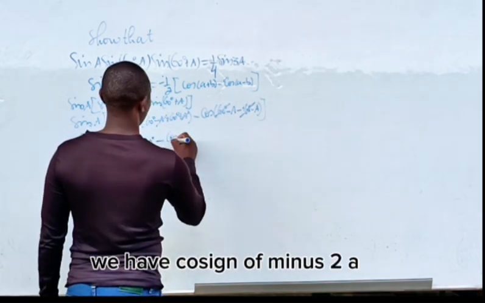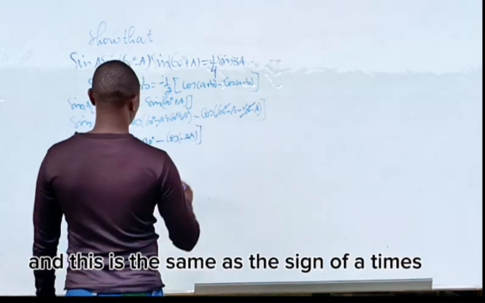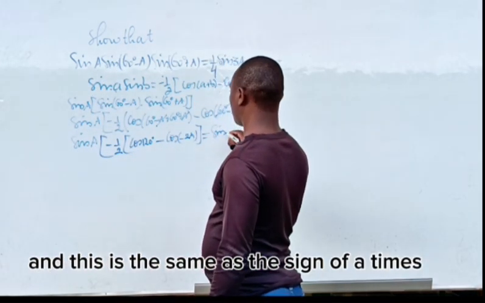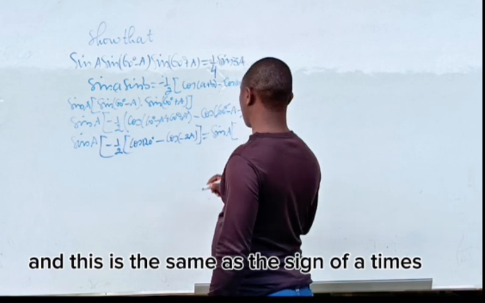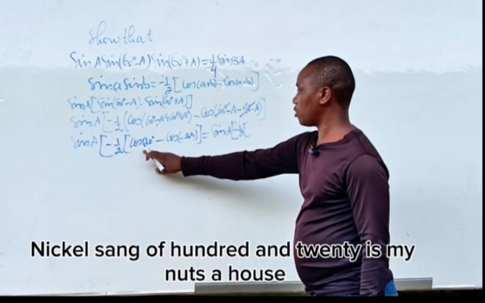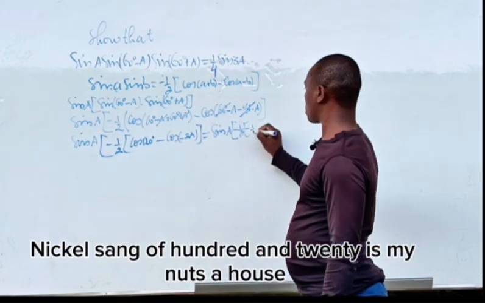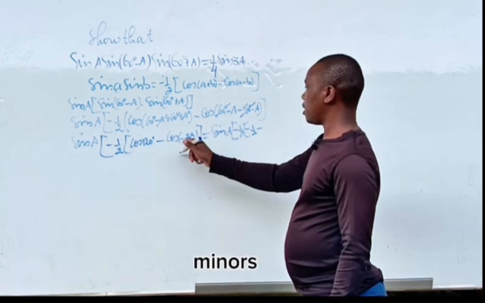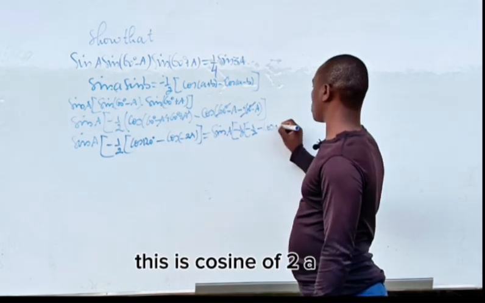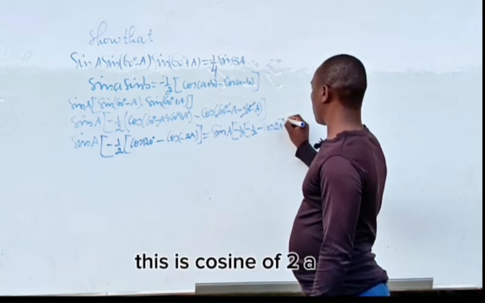We have cosine of minus 2A, and this is the same as sine A times minus 1 into the cosine of 120, which is minus a half, minus the cosine of a negative angle, which is the same as the cosine of the positive. This is cosine of 2A.